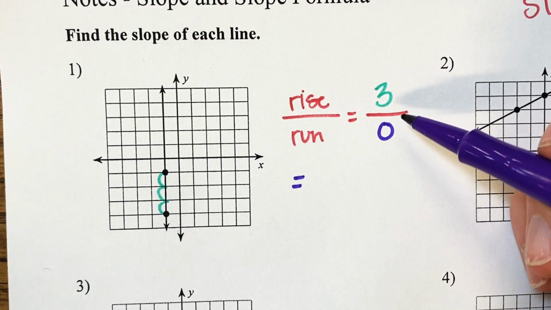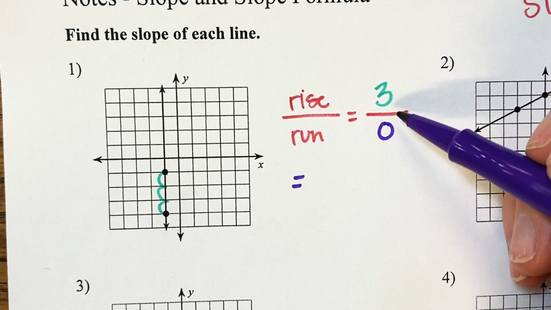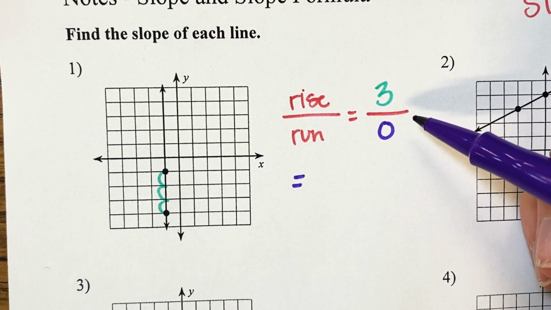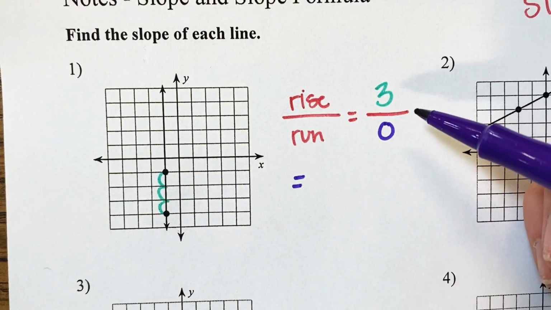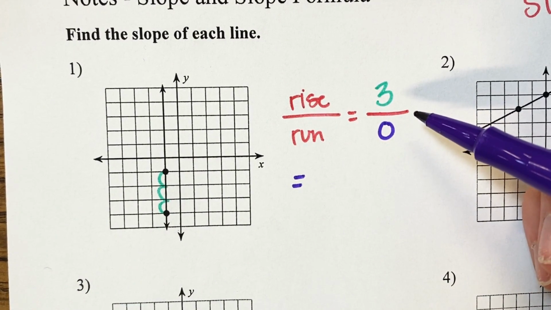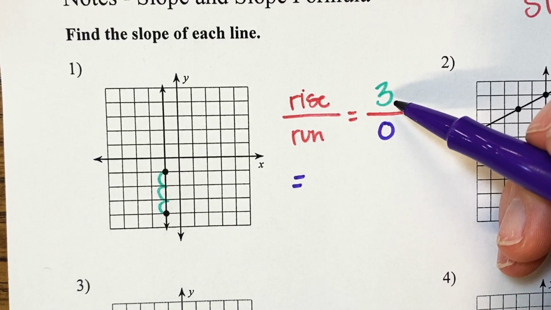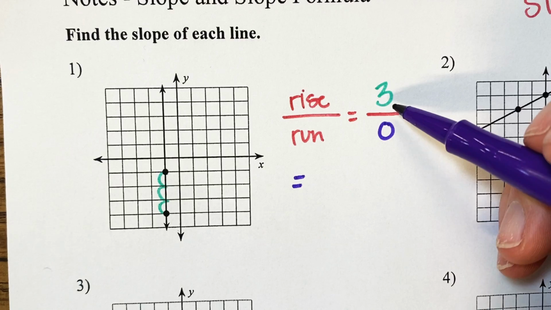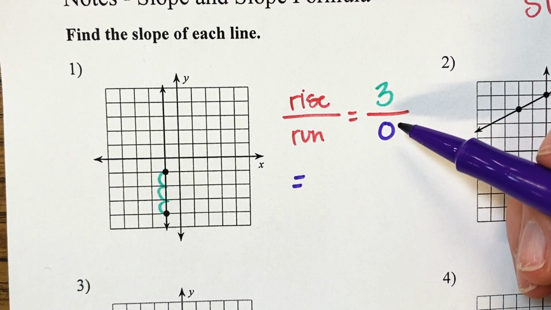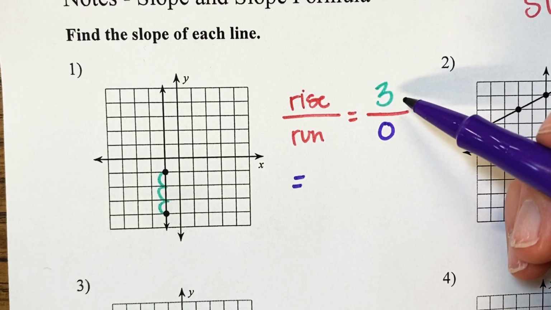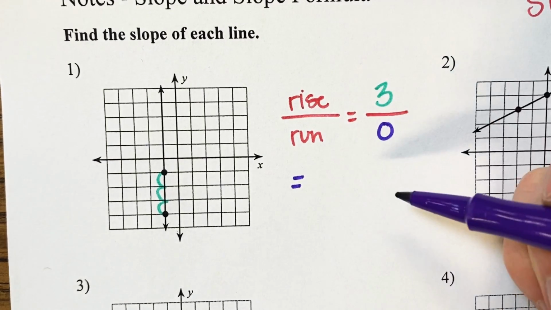Okay, let me phrase it like this. Let's say I had 3 donuts. How do I divide 3 donuts? And that's actually not a good example, because technically we can make donuts disappear when we eat them. So let's think of something else. I have 3 books. How do I divide into 0 books? That would literally take magic to divide something into 0. So this is how we write it in math.